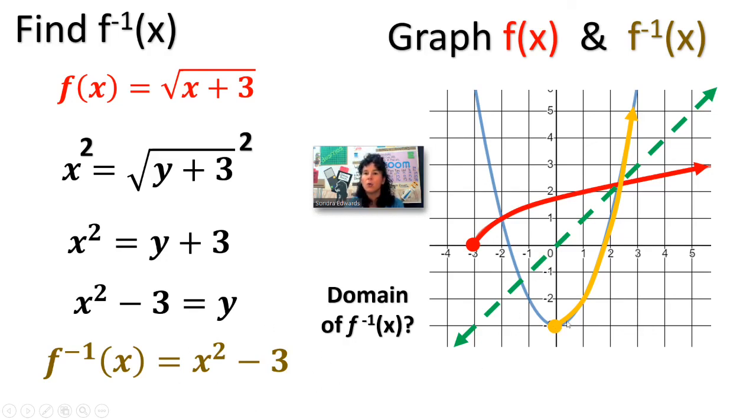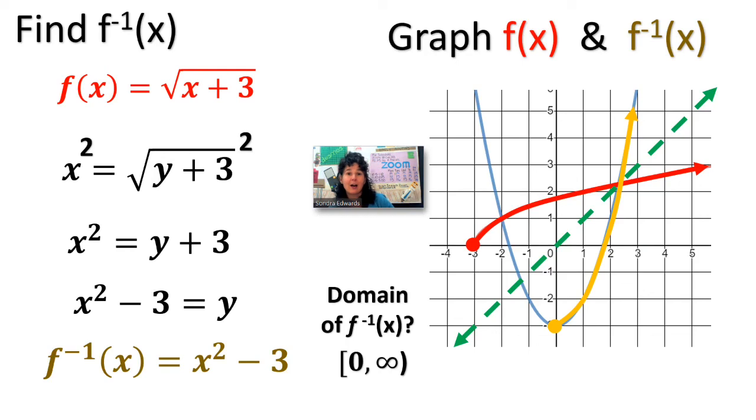So if we are only going to keep the right-hand side of this parabola, so that now that right-hand side is the reflection of this red one across the y equals x, we do that by limiting the domain. So we're only going to keep from 0 to infinity of the equation x squared minus 3, so that this piece is indeed a reflection of y equals the square root of x plus 3.